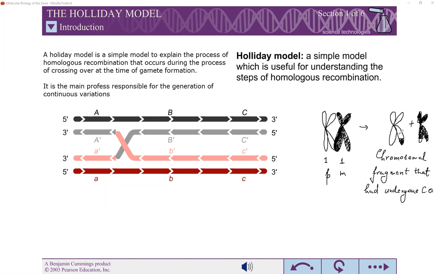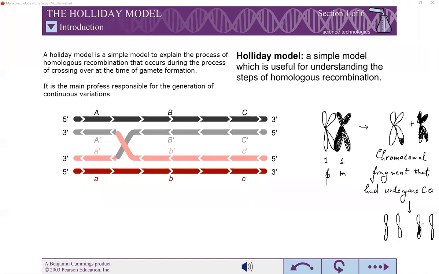Now how does this process of crossing over take place? What will happen after this particular incident? The gametes will be produced. These will be the four gametes that would be produced: first, second, third, and fourth. Here the chromosomal fragments have been exchanged.